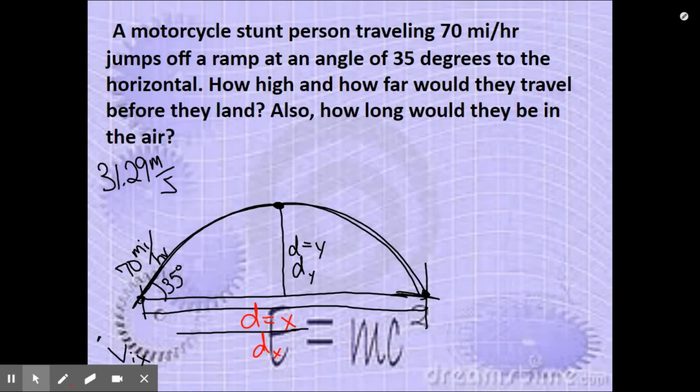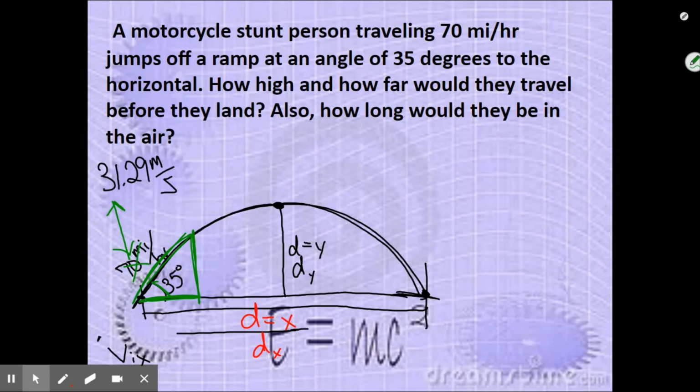The first thing that I need to do is find the initial velocity in the x and y direction, which means I'm going to have to make a triangle out of this. So we have the hypotenuse, which is instead of the 70 is now the 31.29 meters per second.